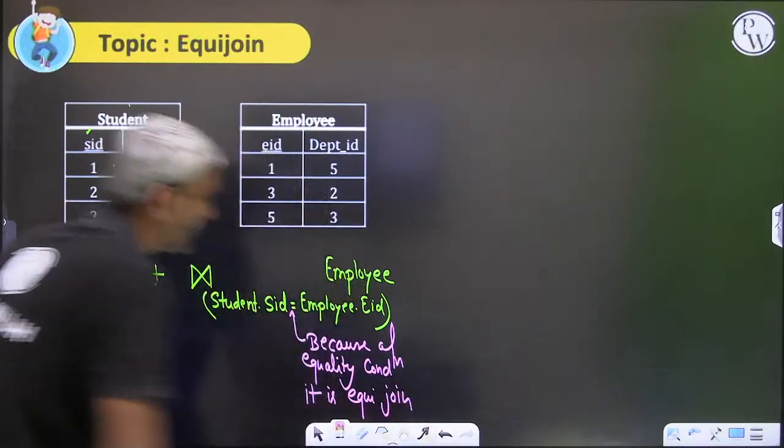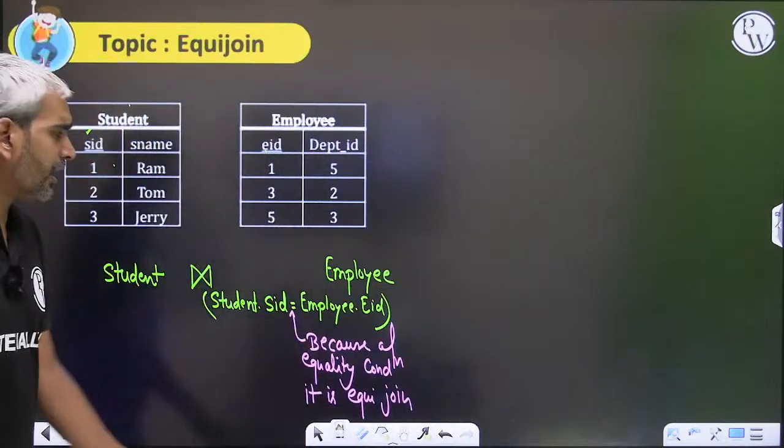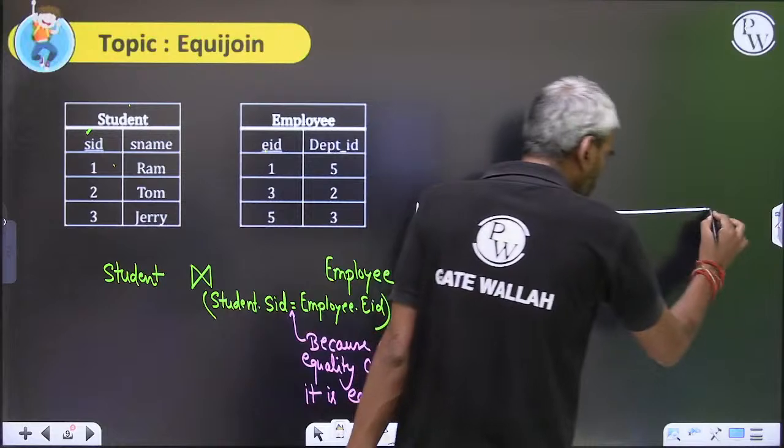Because of the equality condition, it will be called equi-join. And what will be the output of this equi-join operation?